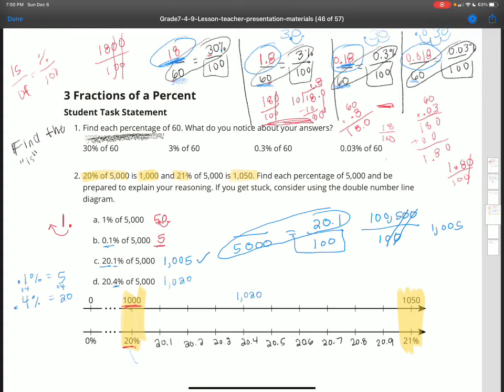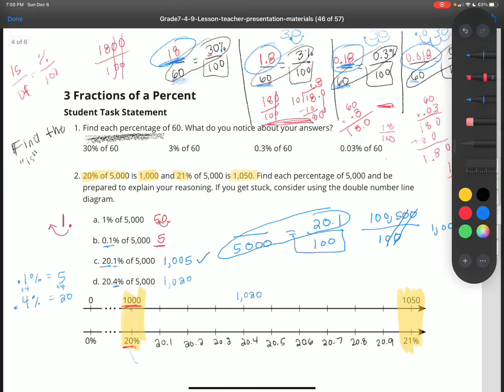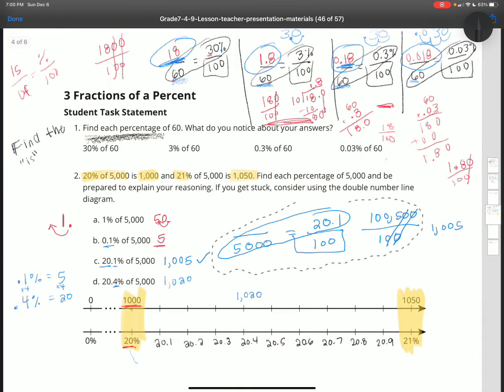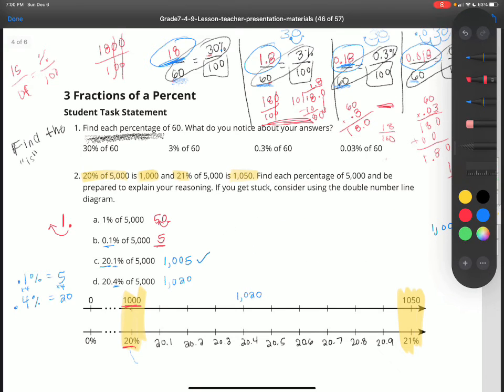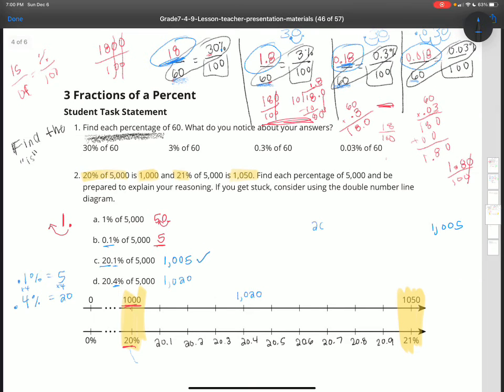Okay, we're going to do the same thing for the next one, just to prove our theory, guys, using mental math. All right, so the next one is 20.4 over 100 equals 5,000. So I multiply going straight across, and I'm dividing it by 100.